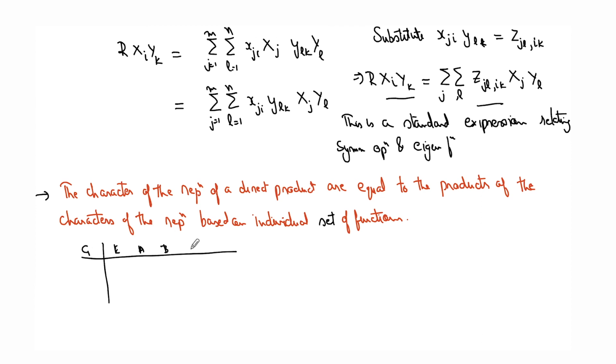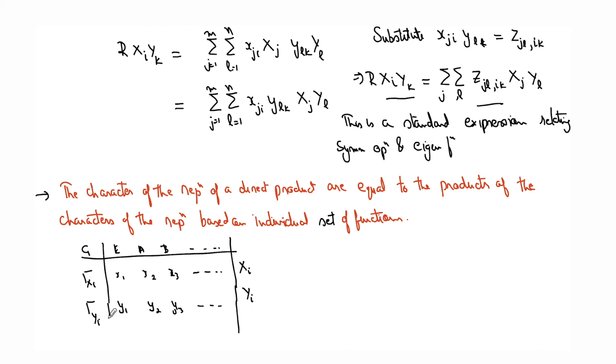So what I intend to say here is that let's say we have a general group E, A, B, and so on, and xi, that is x1, x2, x3, all of them are forming a basis set in general, right? And then their characters are, let's say, x1, x2, x3, and so on. Similarly, yi is also forming a basis that will give you a representation with characters y1, y2, y3, and so on.